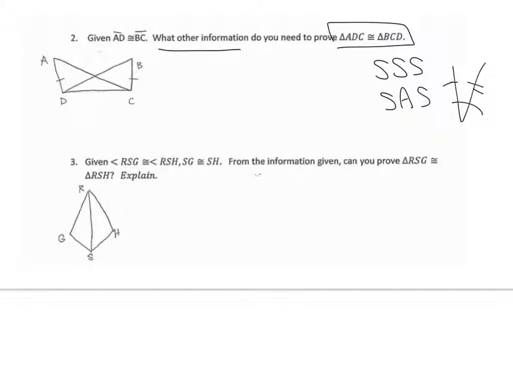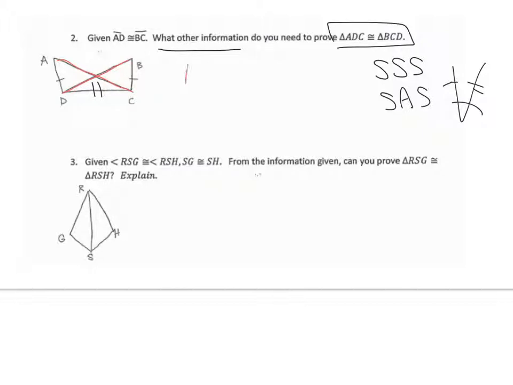So I can already mark right here that I have DC is congruent to DC by reflexive property. So I have two sides congruent. So I need to know that these red segments are congruent. So that would be one thing I would need to know.